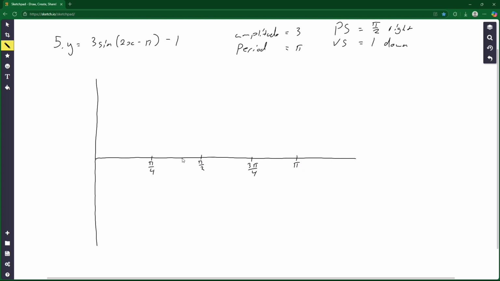Now we just need to add a pi over 2 to all of this. So from 0, we're going to be starting at pi over 2. Actually, wait.